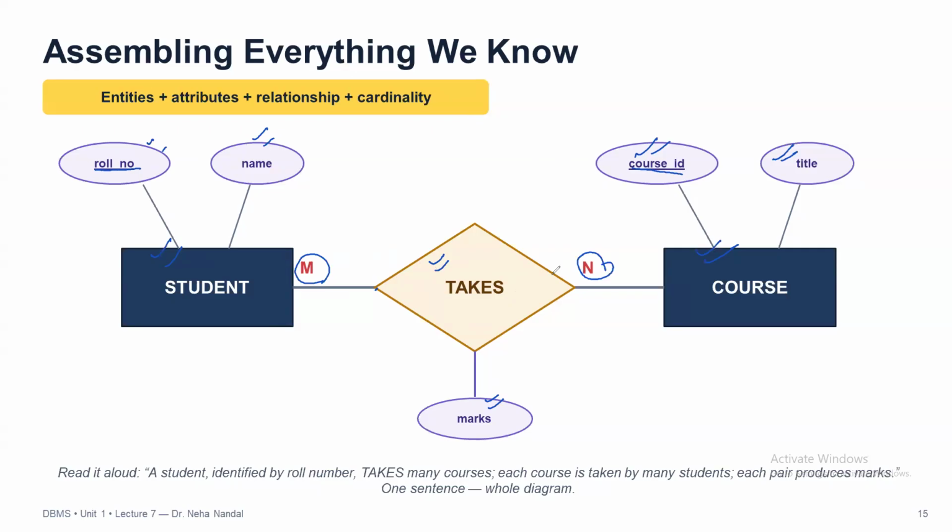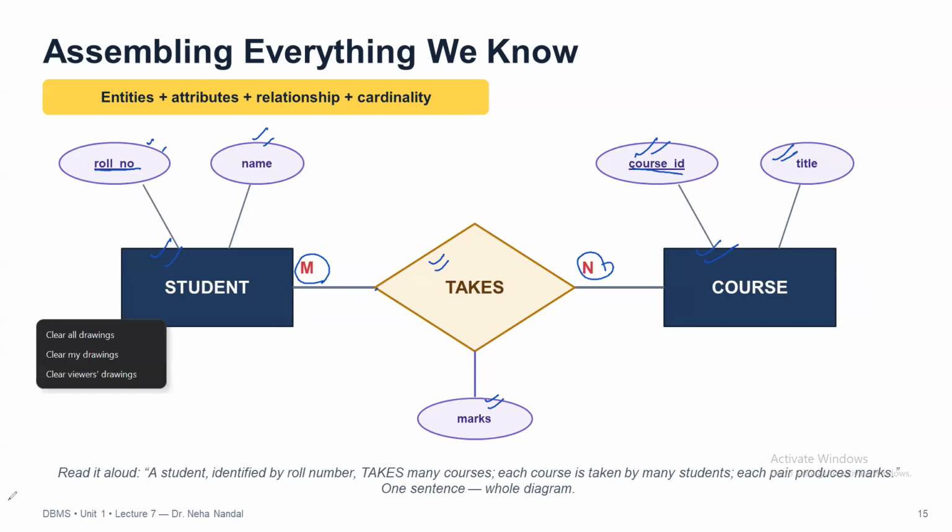Great. So this is a binary relationship, and the cardinality is many to many, and it has different types of attributes and entities present. Great. So that makes our ER model.